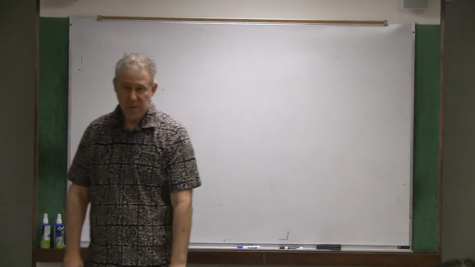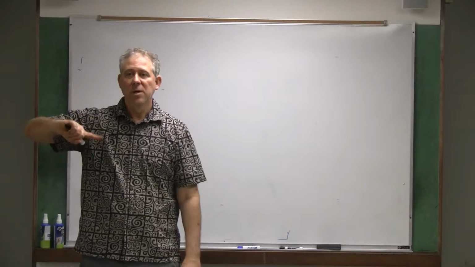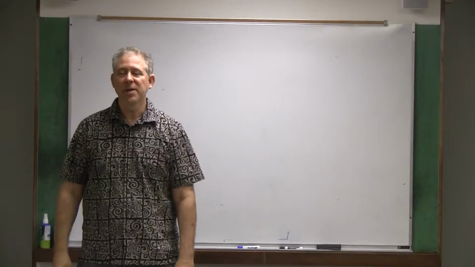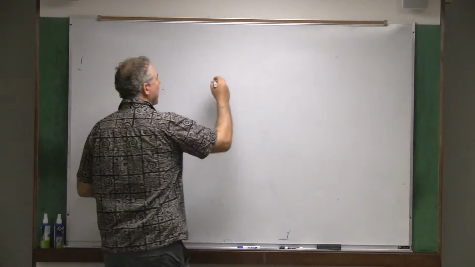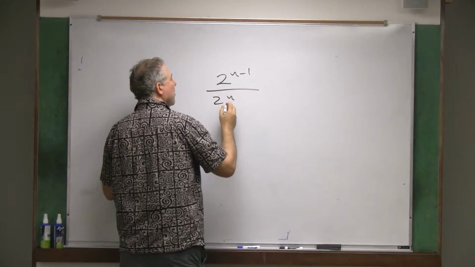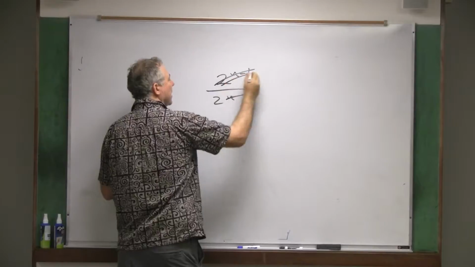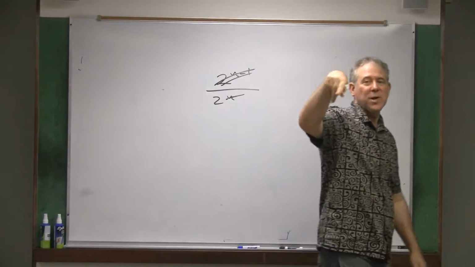Wait, why was it 1/2? Because there was a 2 in the denominator. These cancel, right? That's why, because they're both going to infinity. We had 2 to the n minus 1 over 2 to the n, so everything canceled except the 2 in the denominator. And the other piece went to 1.